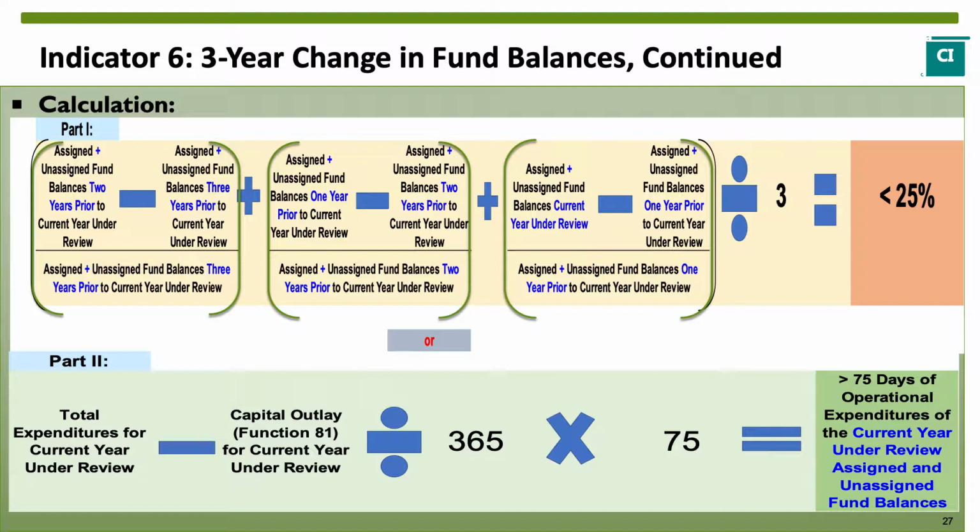Right now is our first year. I might have taken out the slide to save time, but yes, it's going to go back from your FY20 3 years. So it's just taking a look back to see if you had a 3-year change.